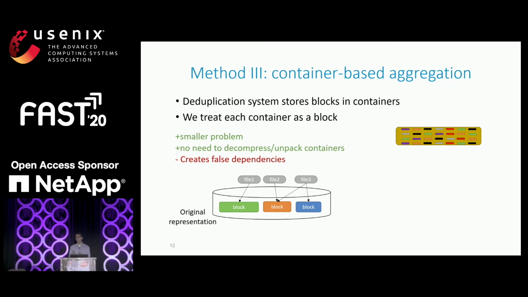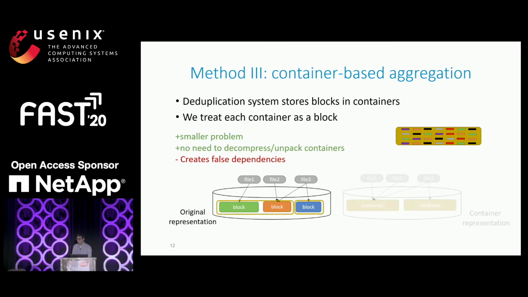We're not going to break the container into blocks. Thus we're going to have a much smaller problem, because there are many more blocks than containers. Another good thing is that we don't need to decompress and unpack the containers during the seeding plan, so we don't lose time and resources on this.